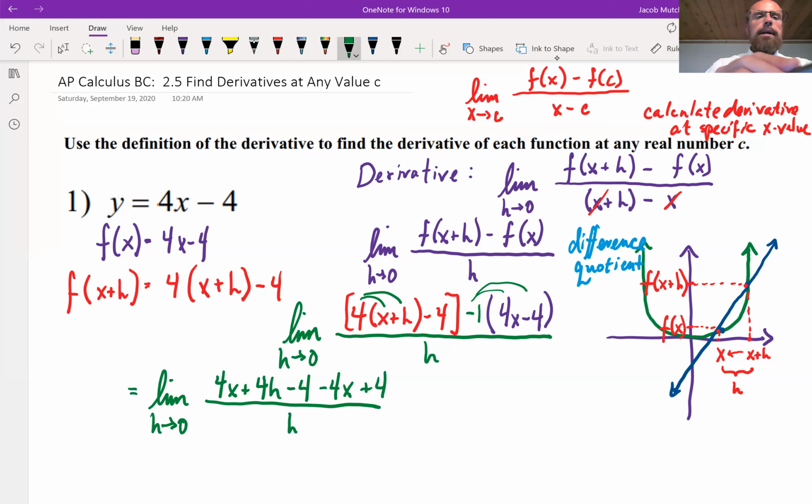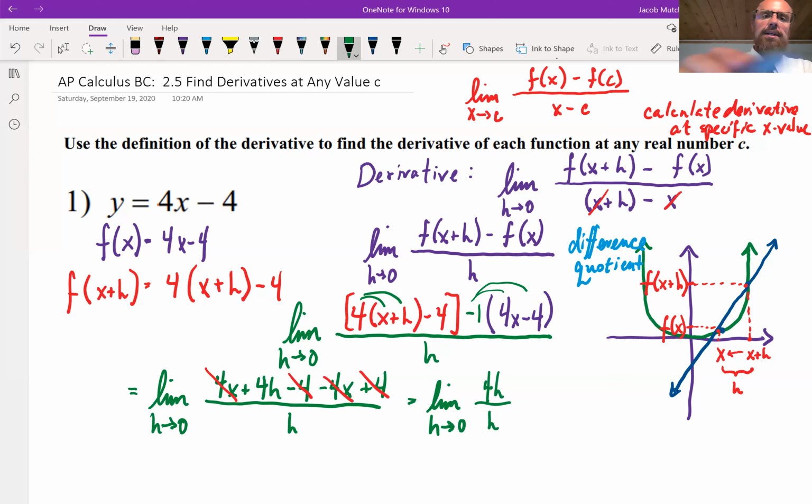So as we look here in my numerator, we got several cancellations. 4x minus 4x will cancel. Minus 4 plus 4 cancels. And so this really reduces down to simply the limit as h approaches 0 of 4h over h.